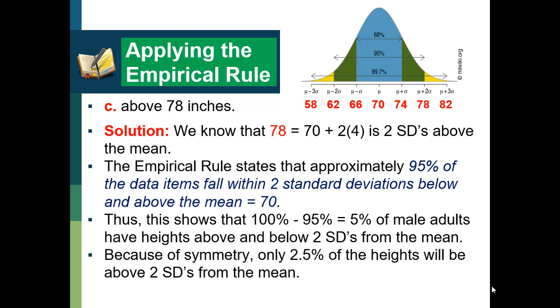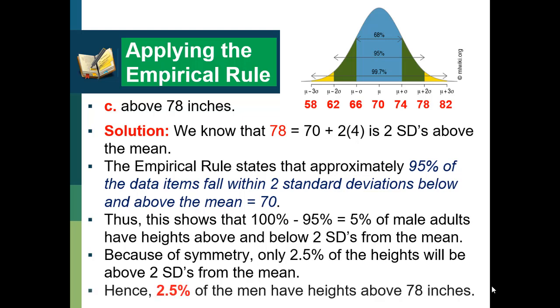That means because of symmetry, only 2.5% of the heights will be above 2 SDs from the mean. And we know that above 2 SD is also the same thing as saying above 78 inches. Therefore, only 2.5% of the men have heights above 78 inches. Did you get it, everyone?